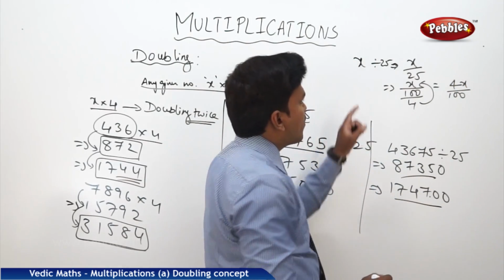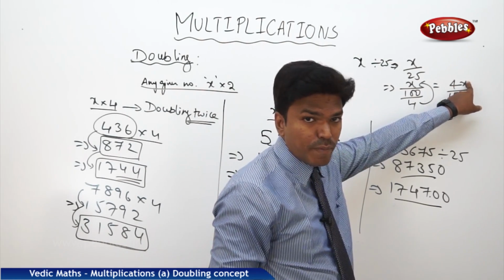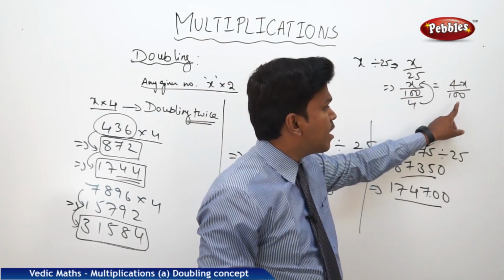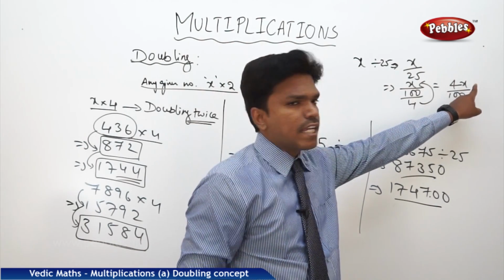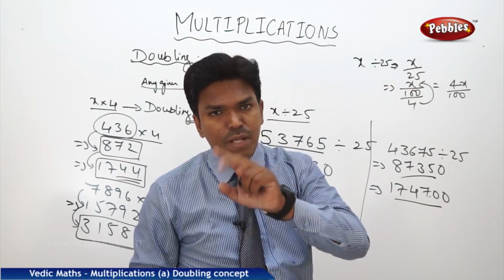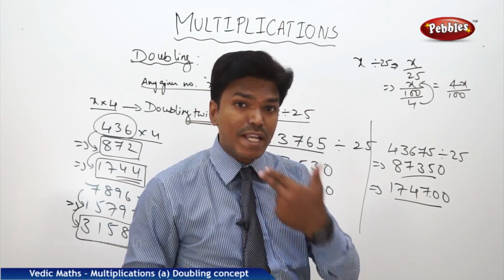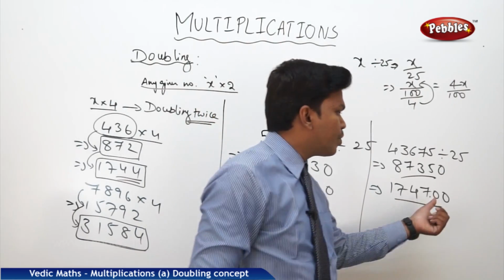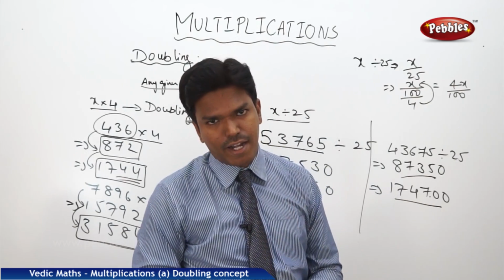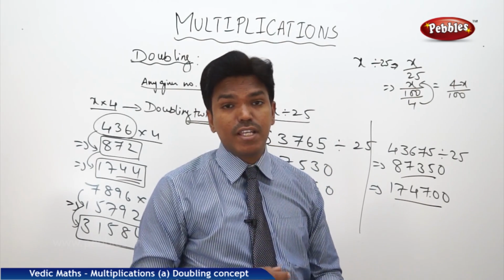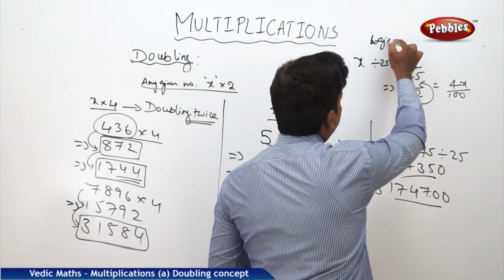That means dividing any number by 25 is nothing but multiplying the number by 4 and then dividing the result by 100. As I said, multiplication by 4 is nothing but 2 times doubling. After doing the twice doubling, putting a decimal point after 2 digits from right is nothing but division by 100, as we have already seen. So this is the logic behind this.